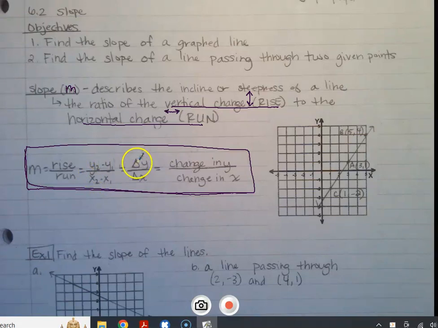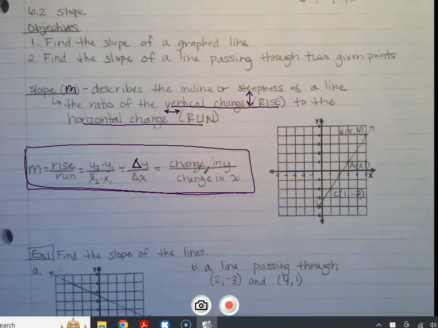We can describe it as the change. In Greek, the triangle is a delta, which means change. So it's the change in our y over the change in our x, which is the exact same of what we're doing here, the change or the difference. Or we can actually write it out in words, change in y over the change in x. All of those are ways that you're going to see or hear slope talked about from here on out.